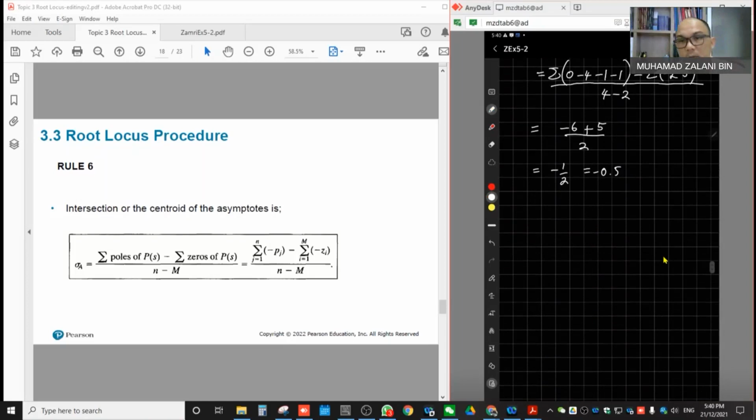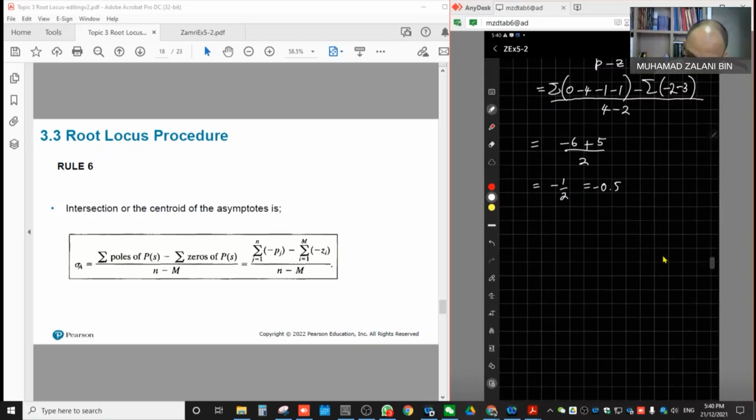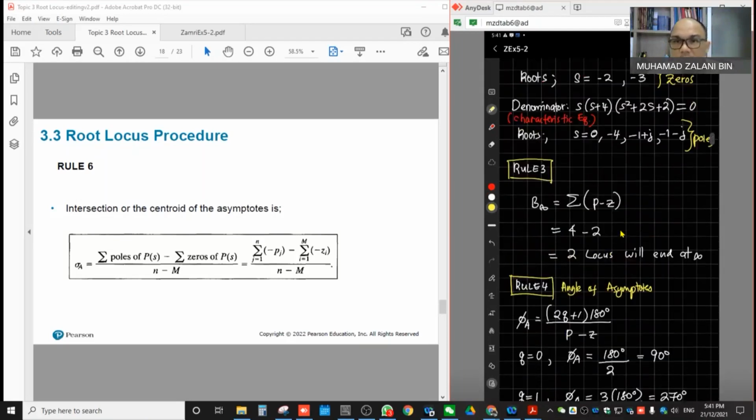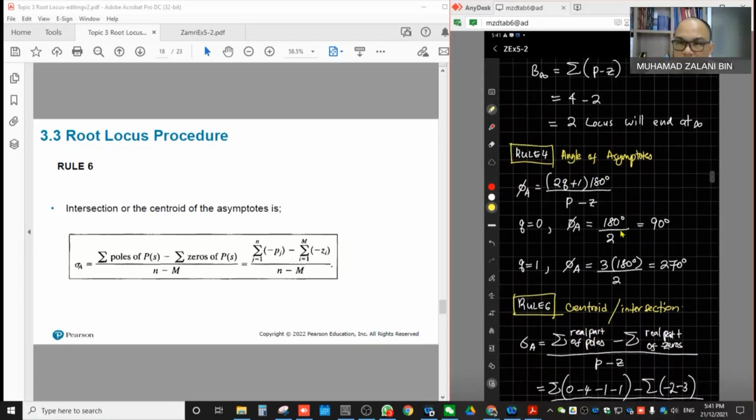Okay, now we are going to draw so that we can have a check about the locus. Let me just start to draw a sketch first. So we have all of the information given based on rules number 2, 3, 4, and 6.